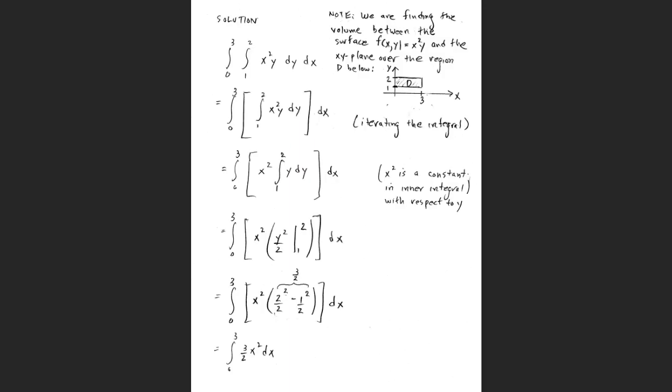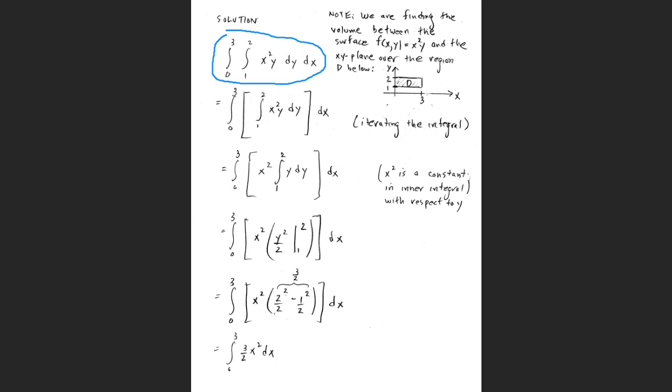Okay, so in our solution, first of all, it's good to know what does this mean physically? Well, remember, any double integral is the limit of a double Riemann sum, and a double Riemann sum is an approximation of the volume underneath the surface by adding up blocks of volume.